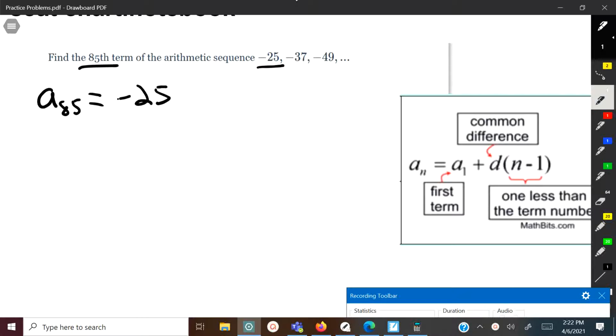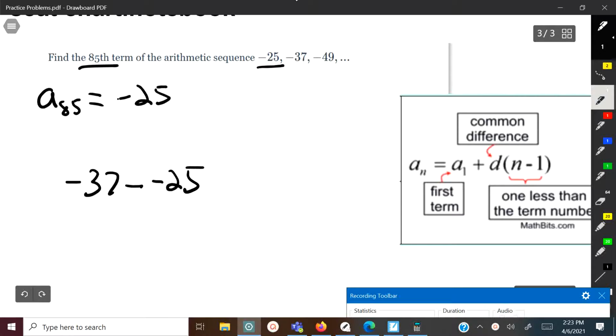Then we need the common difference, and find it just like I told you. Do negative 37 minus negative 25. Different signs, find the difference, and that's going to equal negative 12. So the common difference is negative 12.